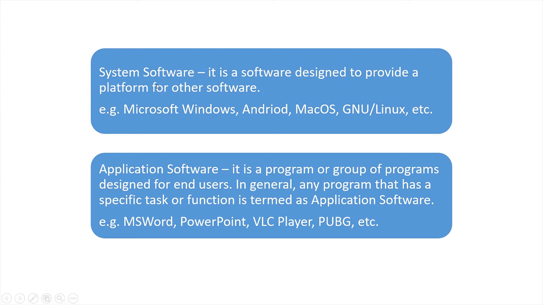For example, where do you install your Microsoft Word, Microsoft PowerPoint or your VLC player? You install these application software in your system software. Examples of system software are Windows, Android, Mac operating system, Linux, and so on.